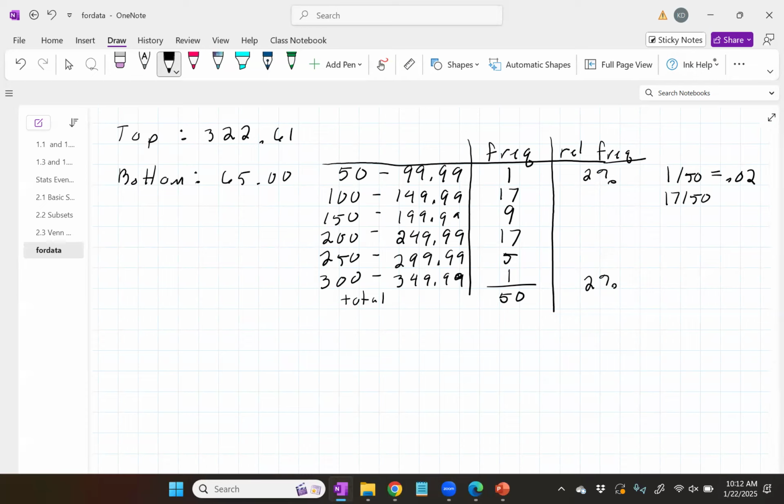Oh, these are just double it. Give me 34%. I'm not going to write the percent sign. 34, 18, and 10. So take each category, divide it by 50, and then turn it into a percent times 100.